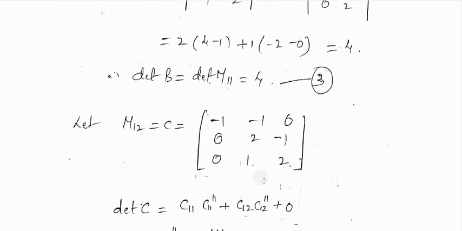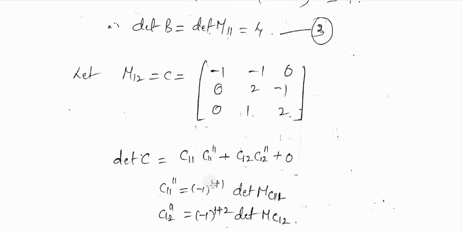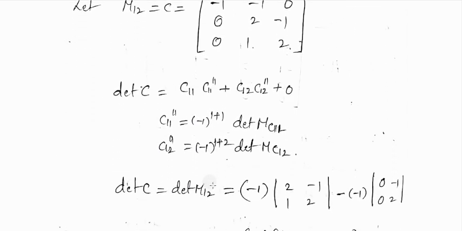In the same way, let us find the determinant of M12. Let us represent this minor matrix by C. In the same manner, we expand using the cofactor formula. The determinant of C, which is the determinant of M12, is minus the minor MC11 minus 1 into the determinant of MC12.